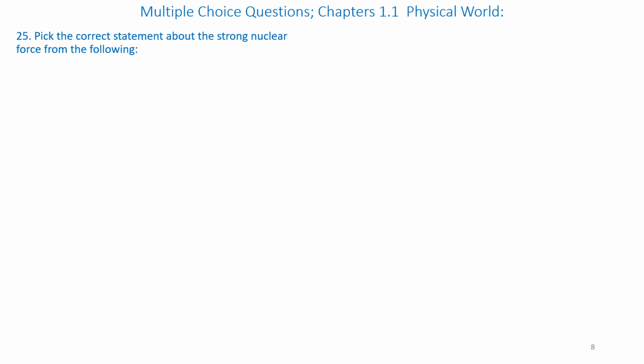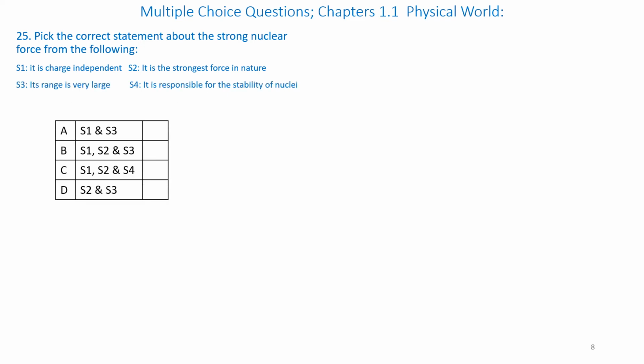Question number 25. Pick the correct statement about strong nuclear force from the following. S1, it is charge independent. S2, it is the strongest force in nature. S3, its range is very large.